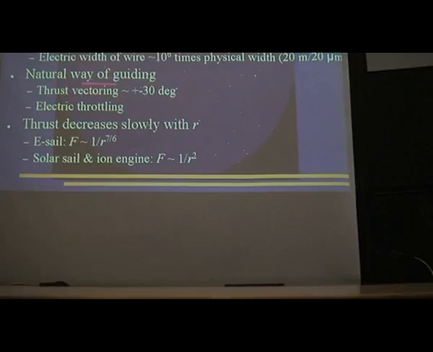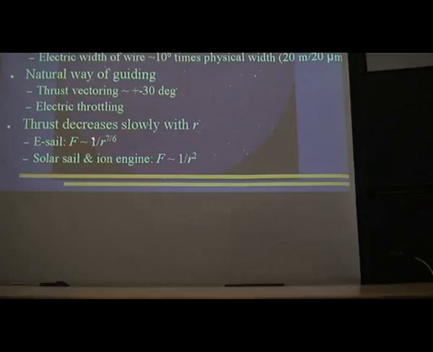Third, there is a natural way of guiding it, so we can do thrust vectoring, which is important, and we can also do electric throttling, which means that we can turn off the propulsion very simply by just turning off the electron gun. And the fourth benefit is that the thrust decreases slowly with the radial distance from the Sun.